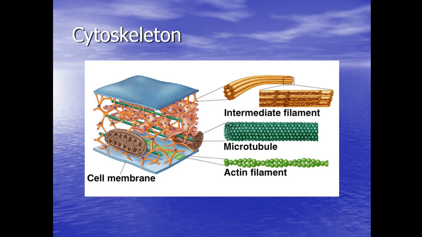See here, this is another photograph which is more clear, which all of you can observe here. These are the intermediate filaments. See how they are arranged. Then the microtubules. Then the actin filament.